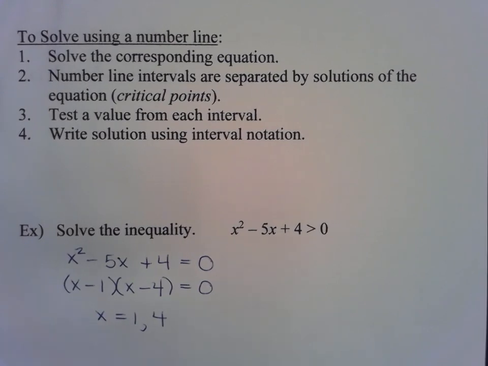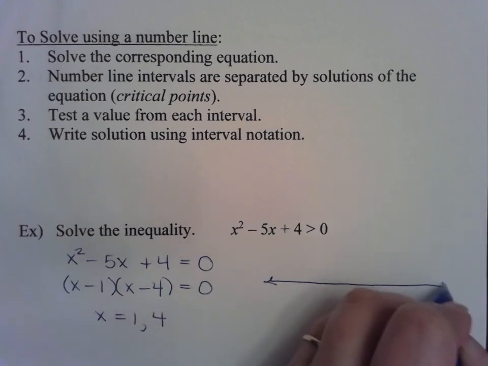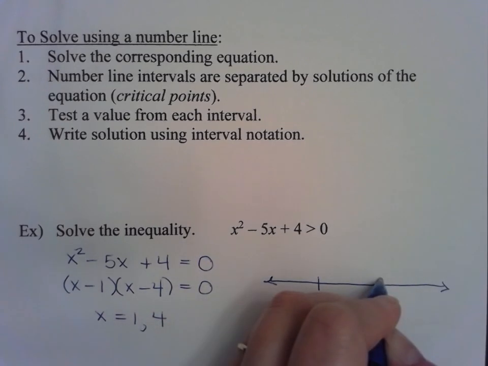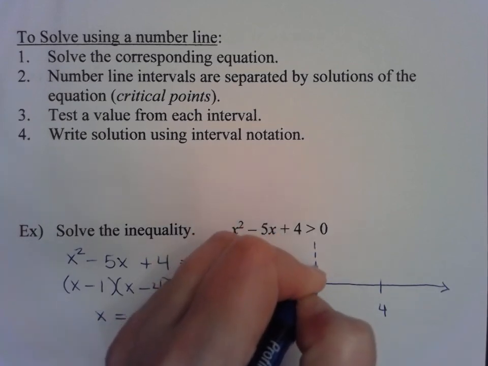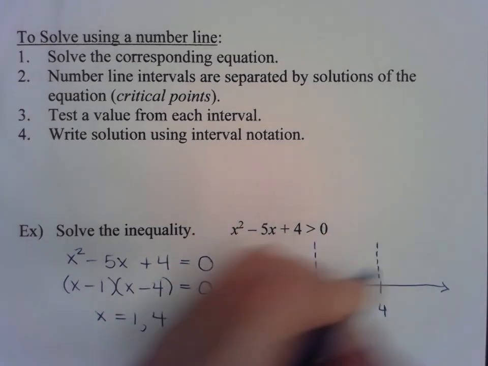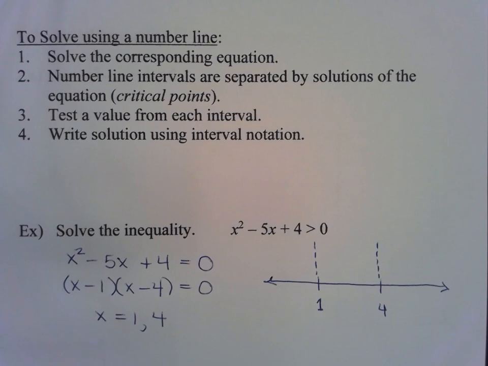Okay, for this method, we're going to put these numbers on a number line. And so the 1 and the 4, because there are two numbers, two x-intercepts, two critical points, it's going to divide the number line up into 3 regions or 3 intervals. Okay, we want to test a number in each of these 3 regions.